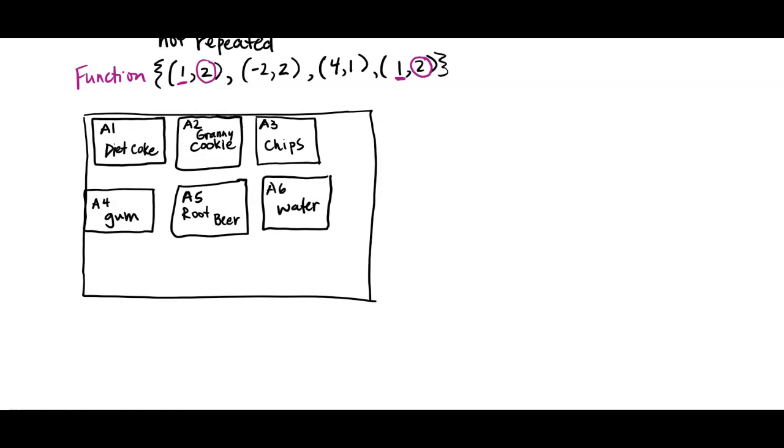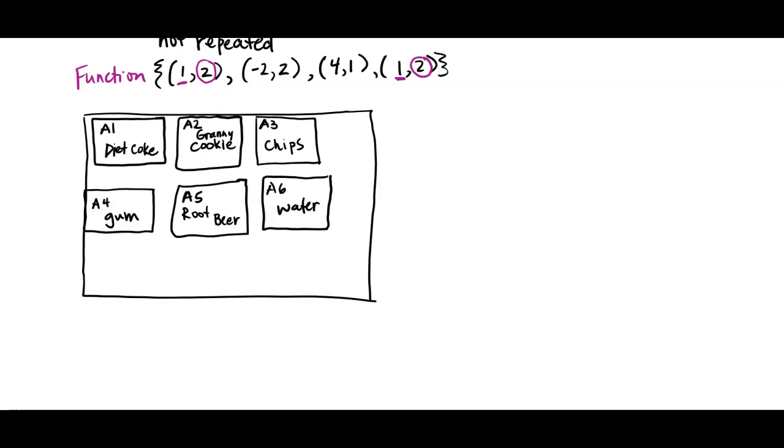And I want to show you how a vending machine is like a function, because it helps people really solidify what's happening with functions. So remember that every single thing in the vending machine has a specific number corresponding to it. And so if you click on A1, you expect a Diet Coke to come out.